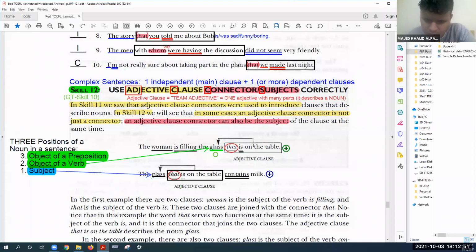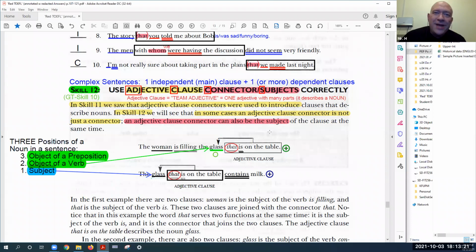Is the glass a subject? It's not a subject, right? Does it follow a preposition? No. It follows a verb. So it is the object of the verb. Okay. All right, Majid, got it?